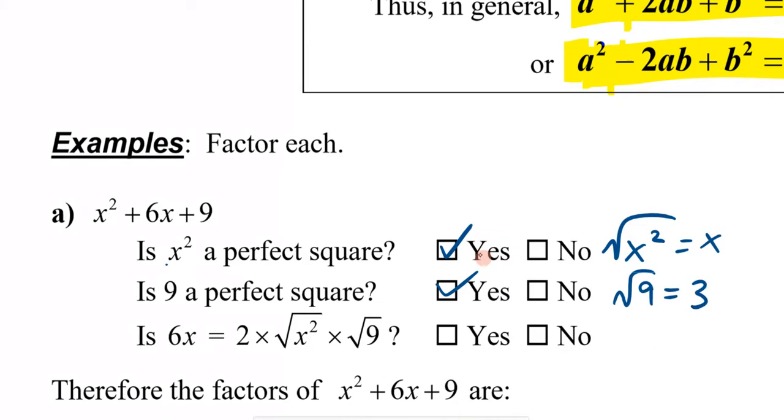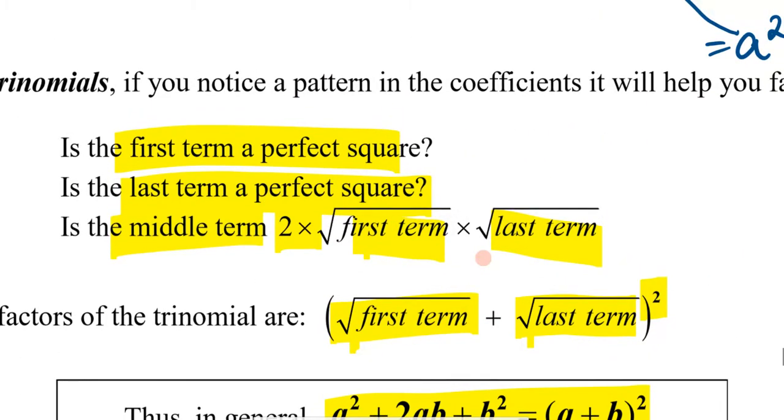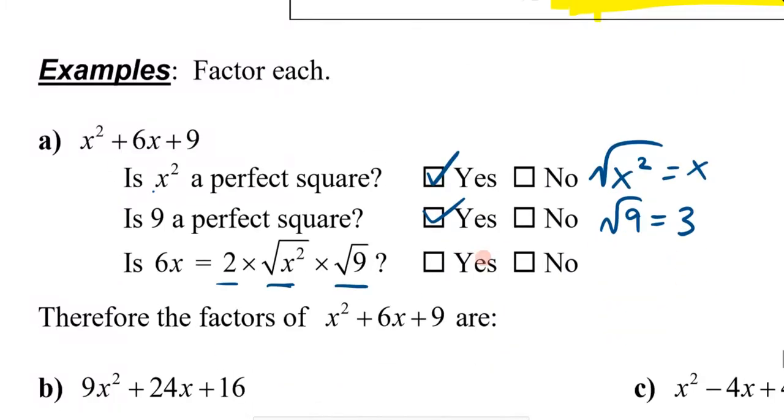And is the middle term 2 times the square root of the first term times the square root of the last term, just as we had set up here? Let's see, the square root of x squared is x, the square root of 9 is 3, so 2 times 3 times x is 6x, which means yes.